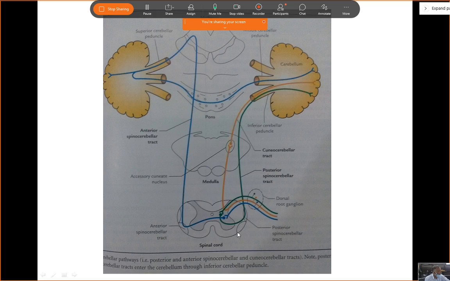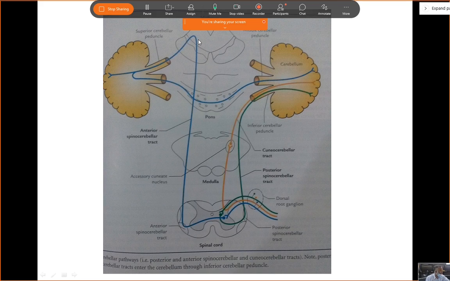If you can see, these are the fibers. This is our spinal cord. Sensory fibers come through the dorsal root ganglia, then relay in our dorsal horn. From the dorsal horn, some fibers cross to the opposite side immediately at the spinal cord level, then go up as the spinothalamic tract, or the anterior or ventral spinocerebellar tract.